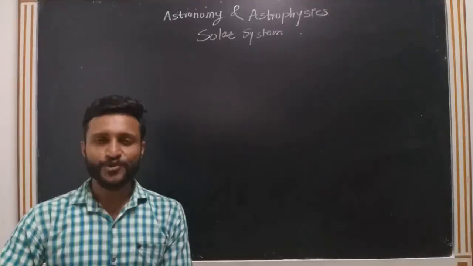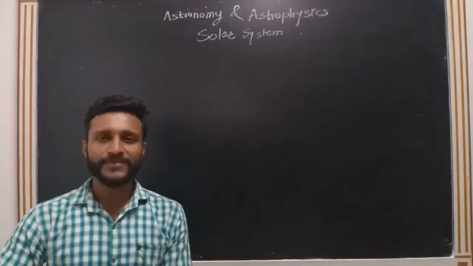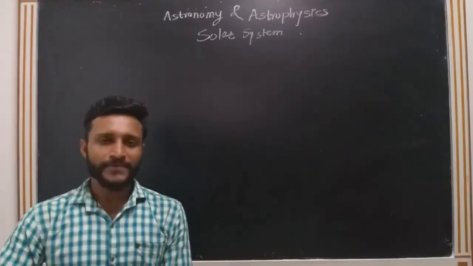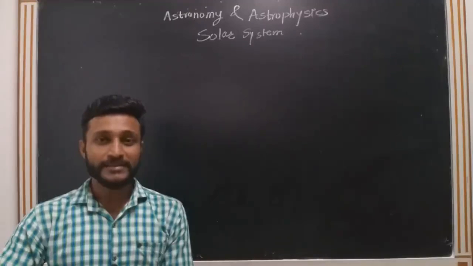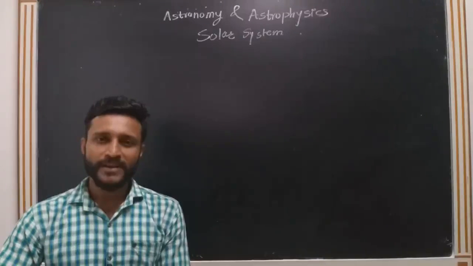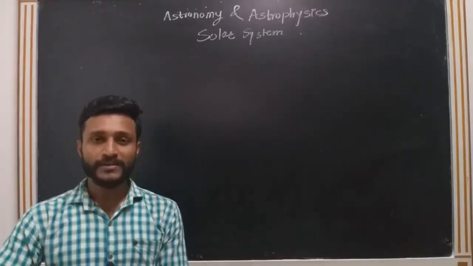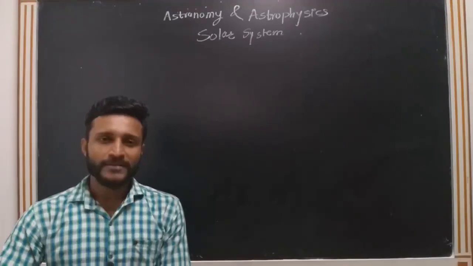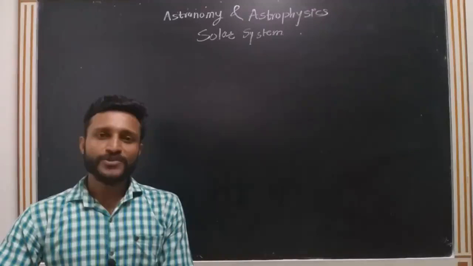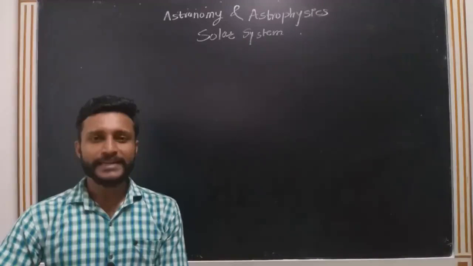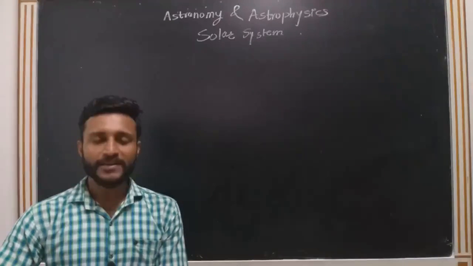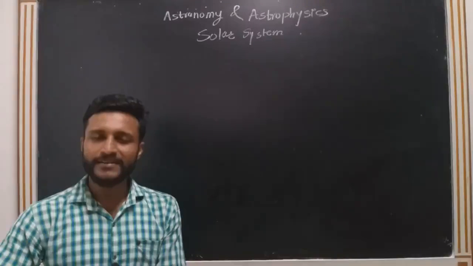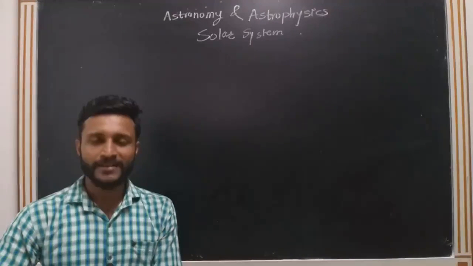But by the time Johannes Kepler was born in 1571, people were starting to get the idea that the sun is the center of our solar system and all the planets, including Earth, revolve around the sun. Kepler was the first who explained that the movement of the planets in their orbits around the sun is not a perfect circle but an ellipse.